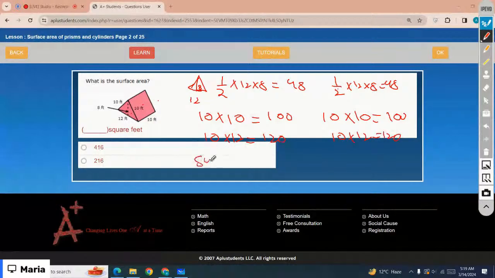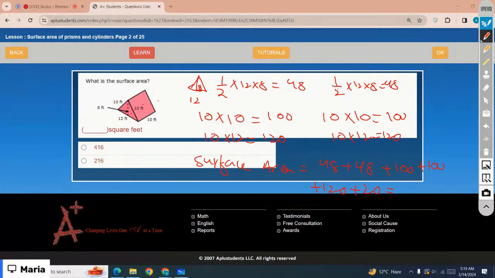So you just have to add all the areas for the surface area. 48 plus 48 plus 100 plus 100 plus 120.